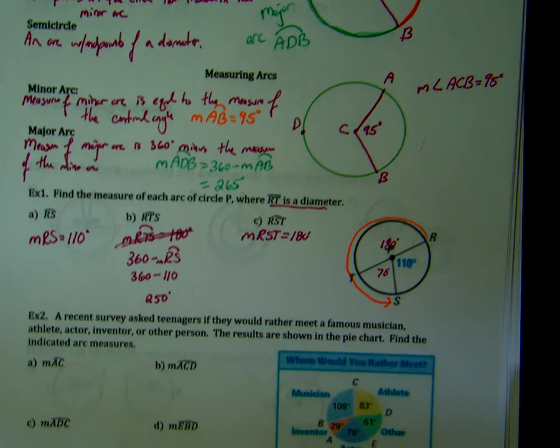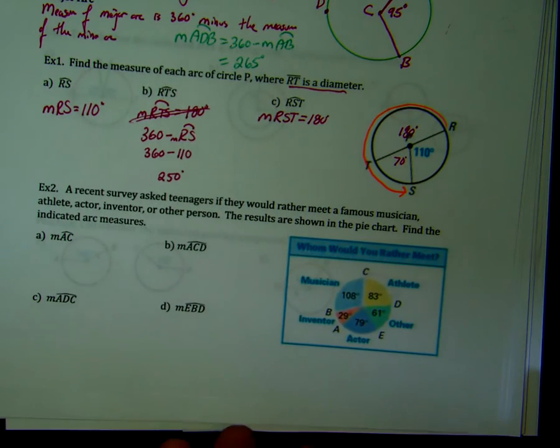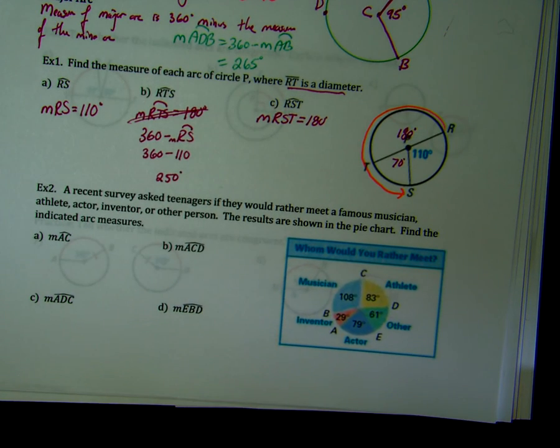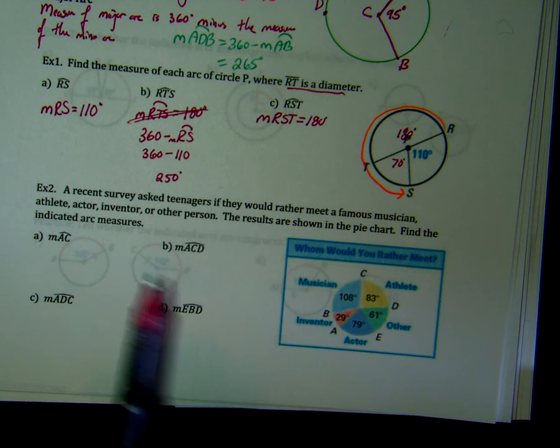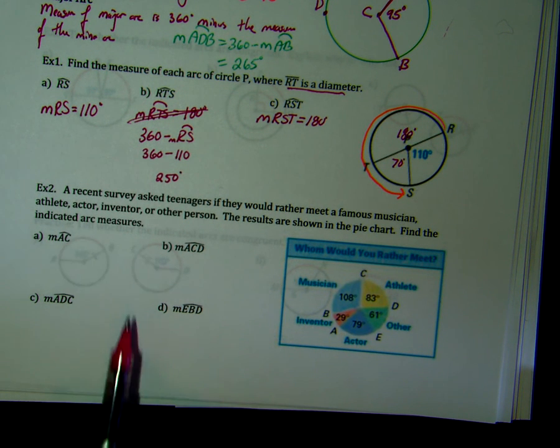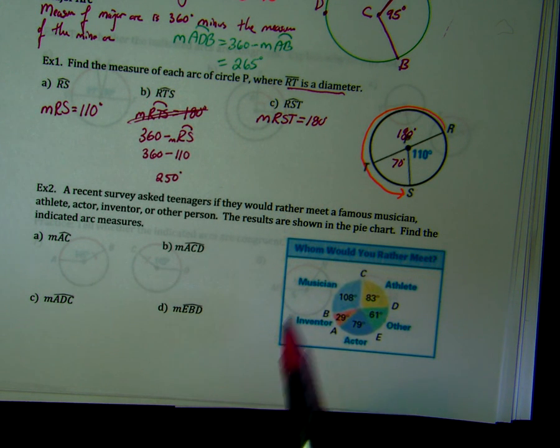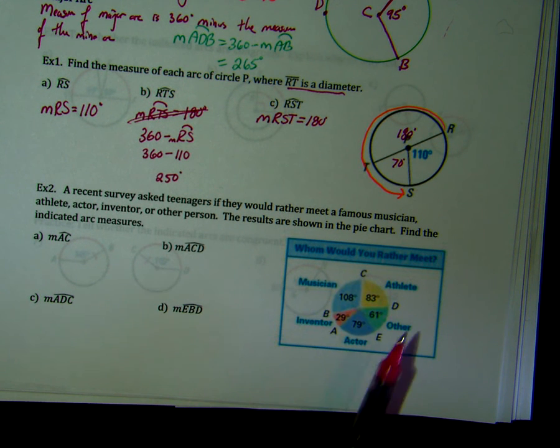All right. Now down here we have a survey asking students whether they'd rather meet a famous musician, athlete, actor, inventor, or another person. And shown in the chart, you can tell that the book is starting to get outdated because there'd probably be YouTube star, like Twitch streamer.